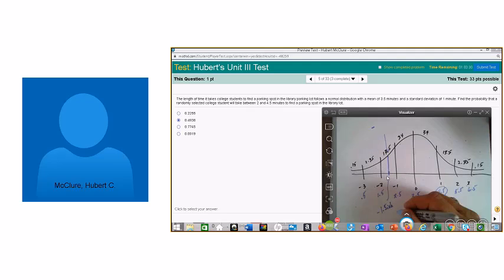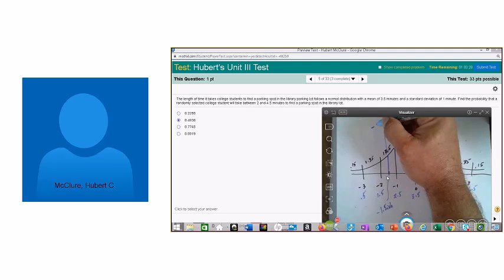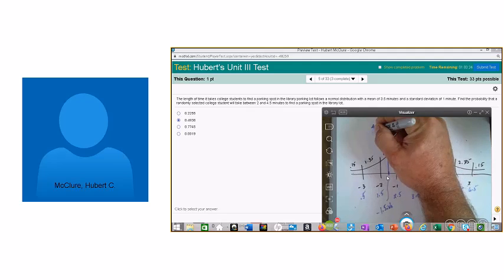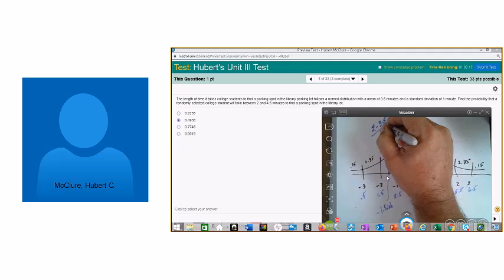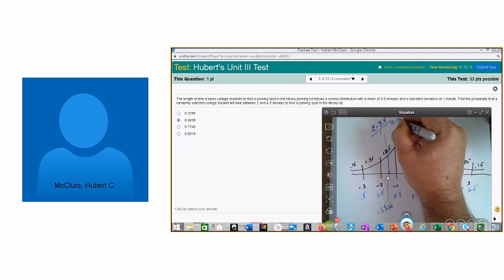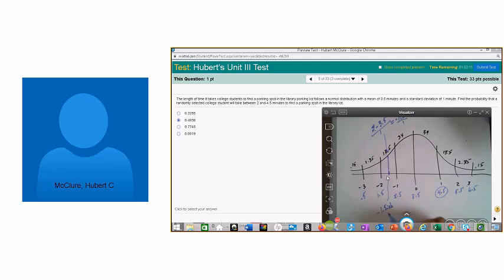All right, so that's going to be our actual 2 minus 3.5 divided by 1. So 2 minus 3.5 is negative 1.5 over 1. So that comes out to be about negative 1.5-ish.